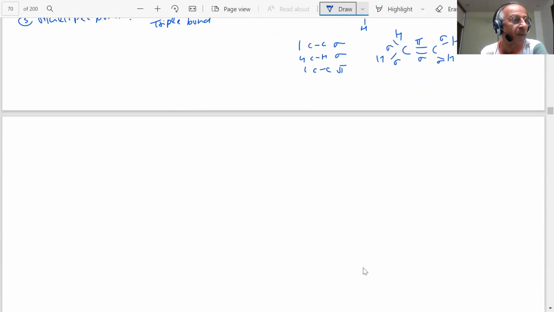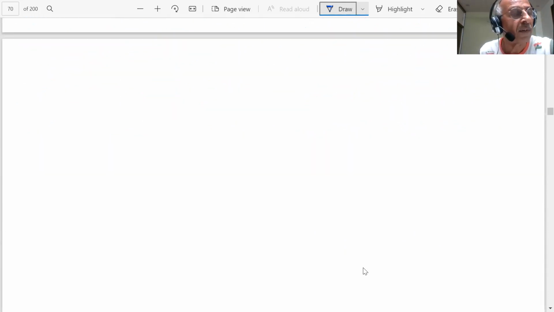Sigma and pi bonds. So, for example, if I take the case of bonding in the ethene molecule, the carbon atoms and hydrogen atoms come together to form ethene. What is the formula of ethene?